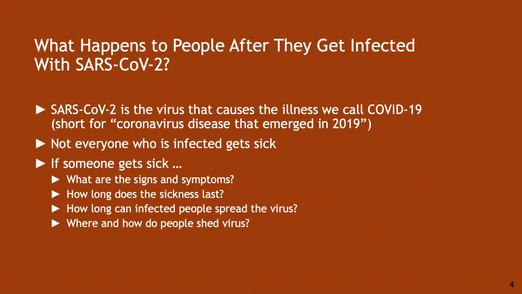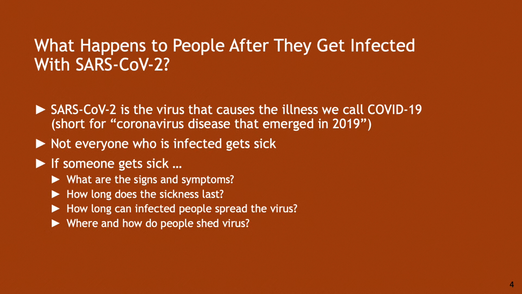fall and winter. So what happens to people after they get infected? Not everybody who gets infected gets sick. Many people get it but are asymptomatic, like they don't even know they've had it. But if somebody gets sick, what are the signs and the symptoms?